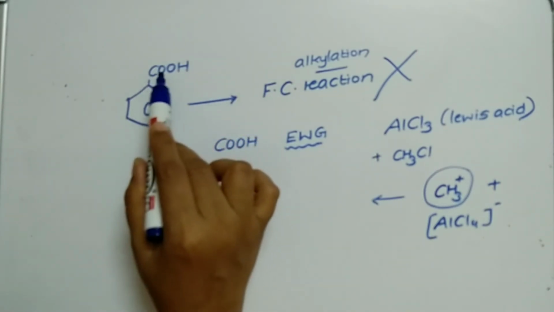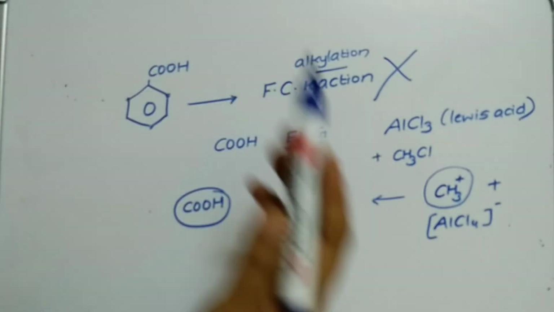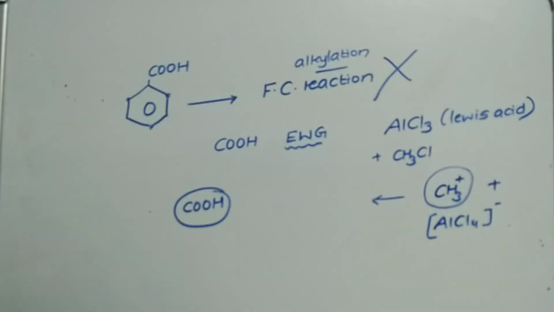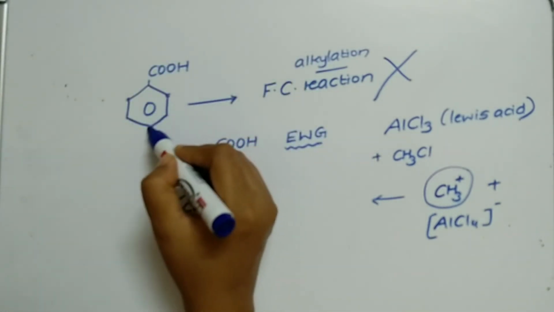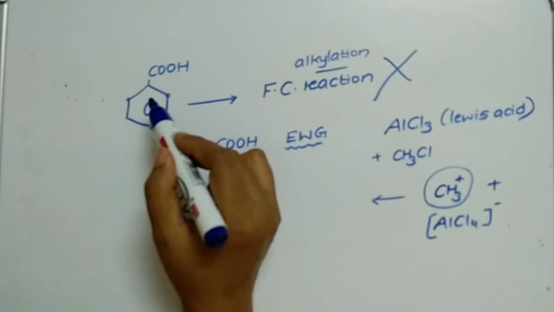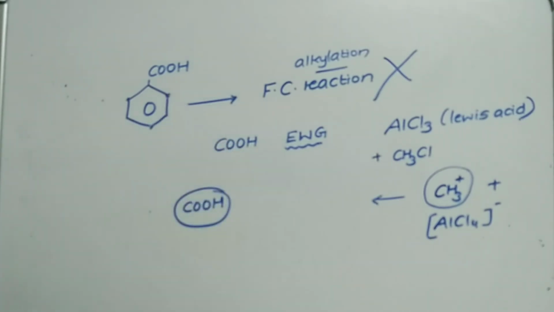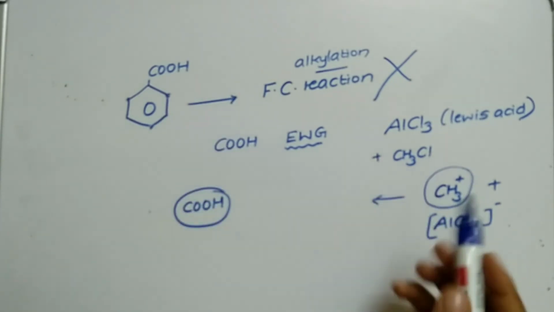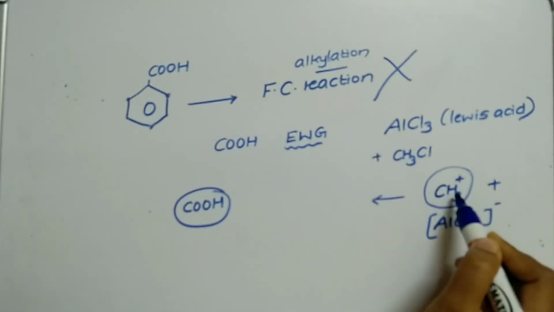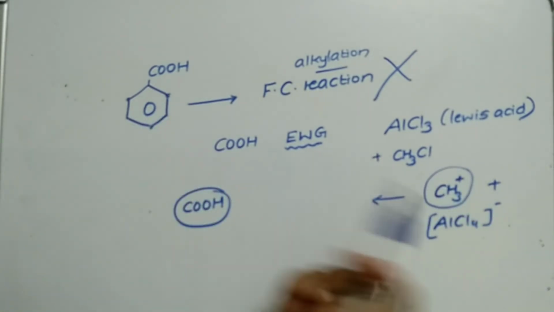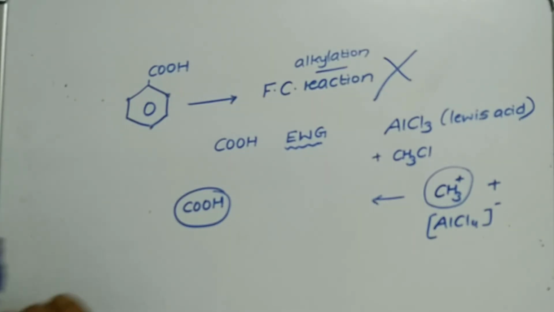But here COOH is withdrawing the electrons towards itself. So the carbon present here is not getting the negative sign. If it is not getting the negative sign, how can it accept this positive CH3 plus? Negative to positive attraction won't happen, right. So no substitution happens on the ring.